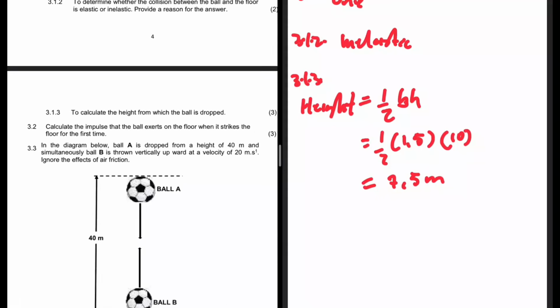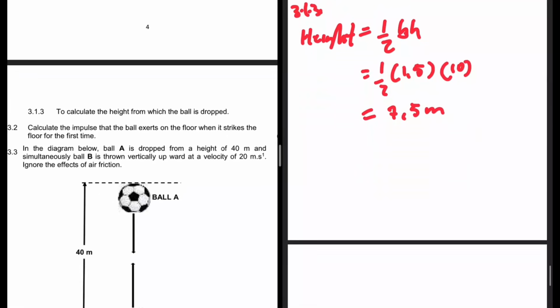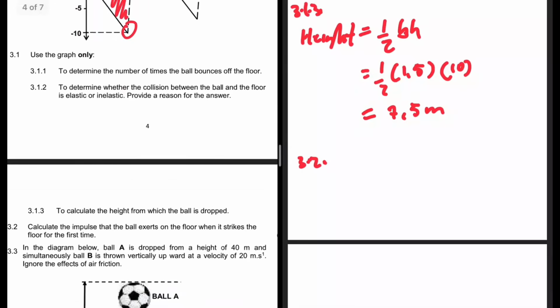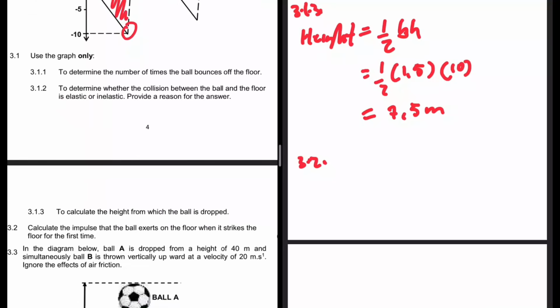3.2. Calculate the impulse that the ball exerts on the floor when it strikes the floor for the first time. Let's take a look at the information that we have here. We have the velocity at which it strikes the ground, and the velocity at which it leaves the ground. So we should be able to calculate the impulse. F net delta t is equal to delta p.